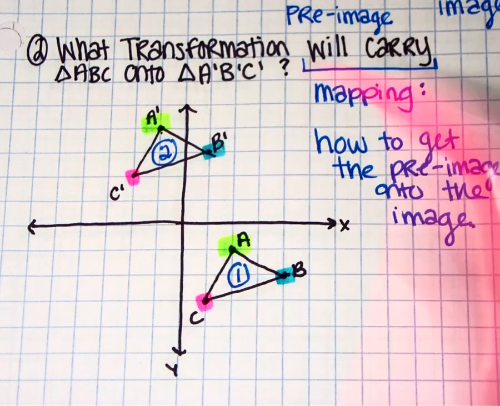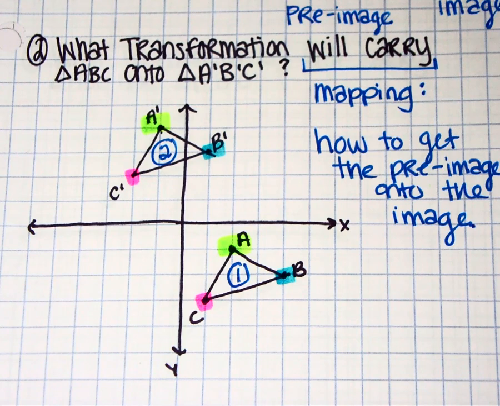So it's very important that you're mapping the correct letters to each other. For triangles, it's a little bit easier, but when you get into squares, mapping a square can be tricky because you have all the sides that are the same. So A might end up at C prime instead of A prime, so just be careful.